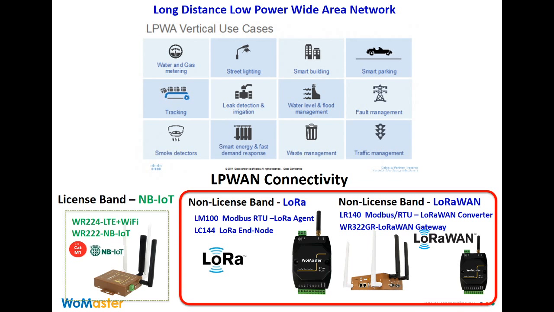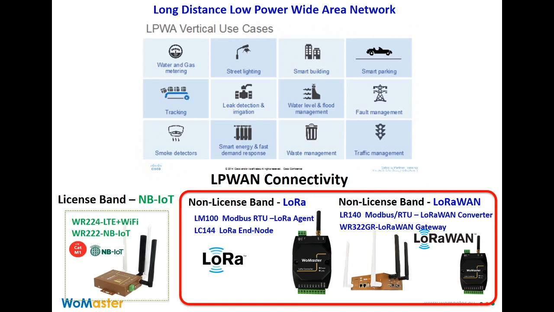First of all, I would like to have a recap about the LPWAN. Last time we mentioned the LPWAN is adapted to longer distance transmission with low power consumption applications. This IIoT contains water and gas metering, sensor monitoring, and water level flow management.